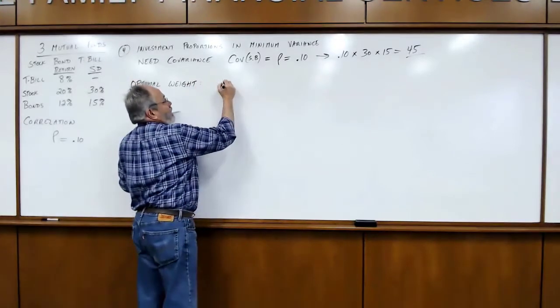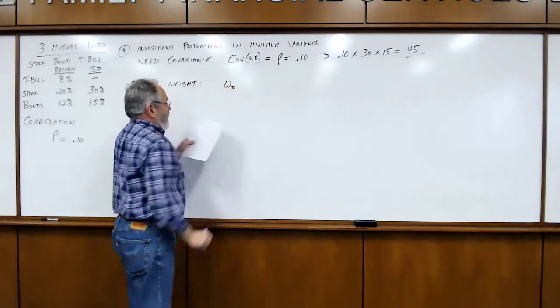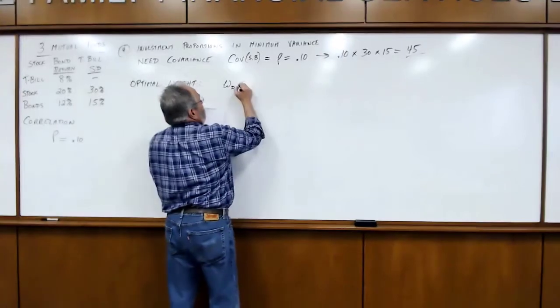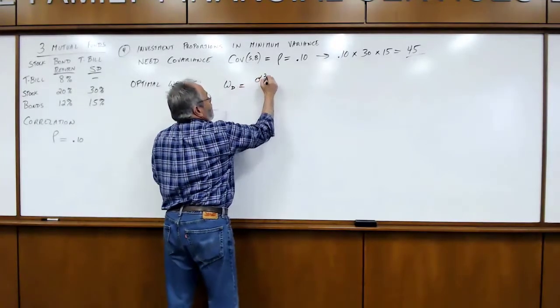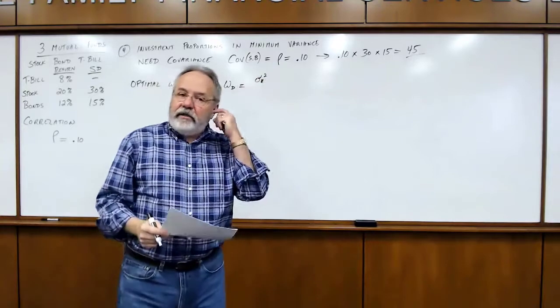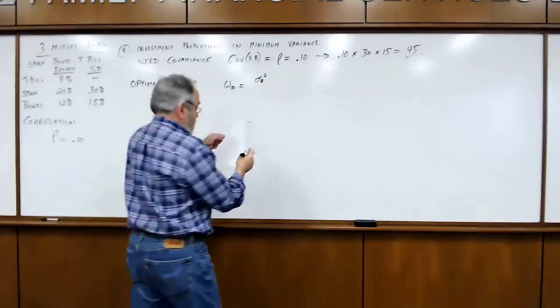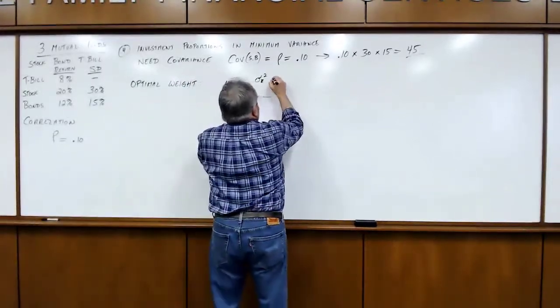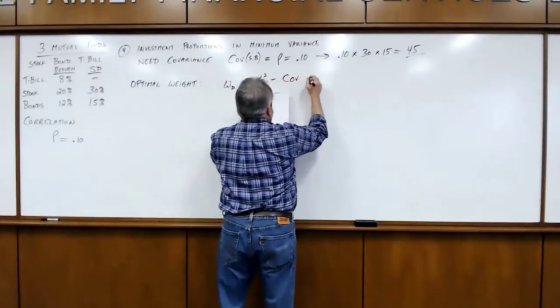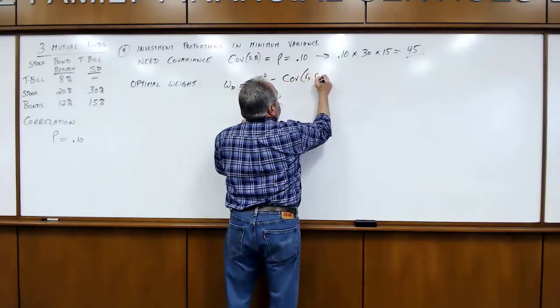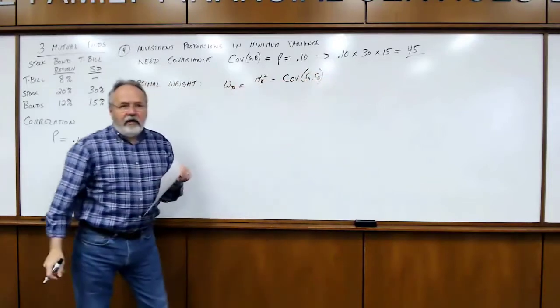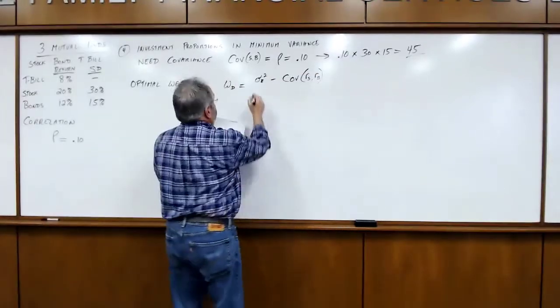Let's use the formula. Weight in debt, sigma equity squared, variance of equity, right? Minus the covariance between the two, right?